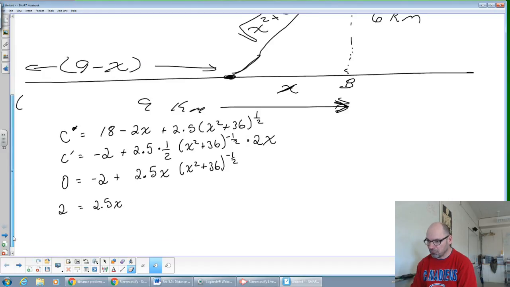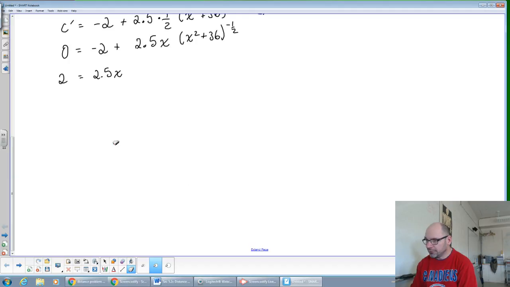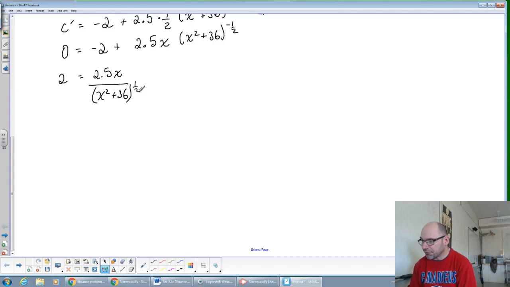So this would be x squared plus 36 on the bottom to the power of 1/2, meaning square root. Then we can cross multiply now to solve it.